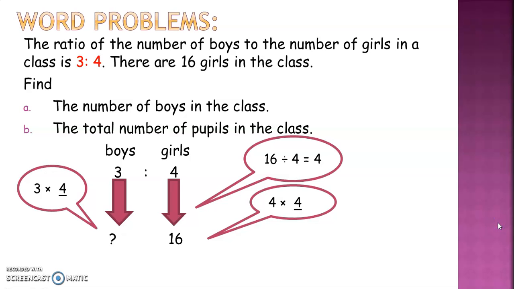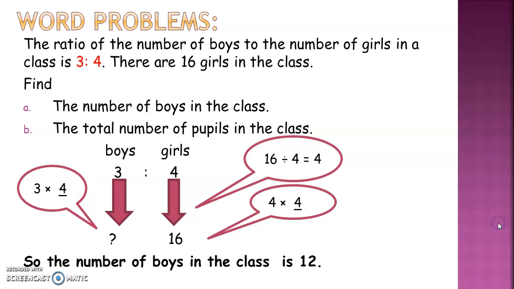3 multiplied with 4, its answer is 12. So the number of boys in the class is 12, right? Because when you multiply 3 with 4, its answer is 12. So now you have both the number of boys and the number of girls.